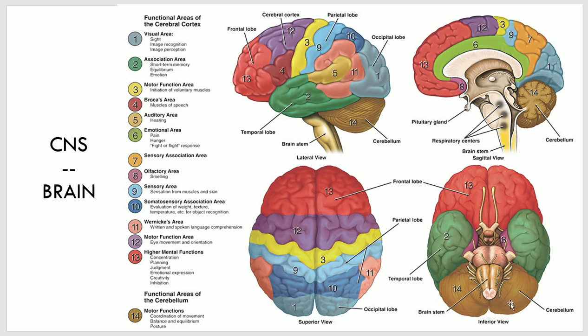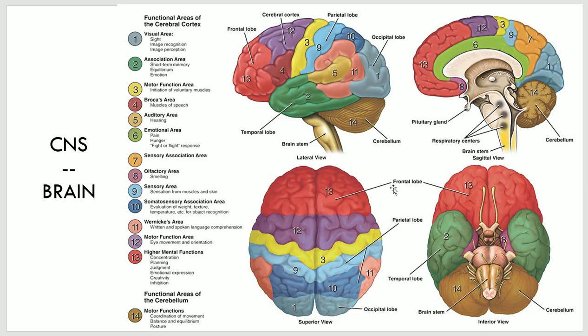Optic nerve links from the eyes to the back of the brain to the occipital lobe. And that's the visual area. It gives us sight, image recognition, image perception. We have our association area, number 2.